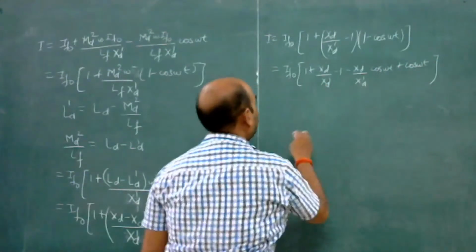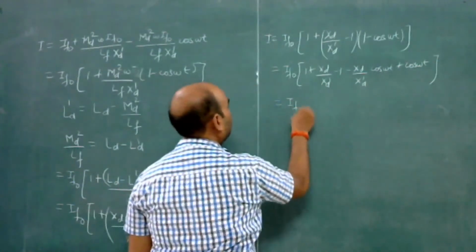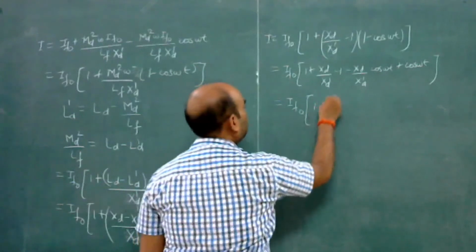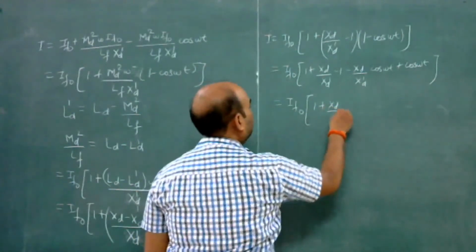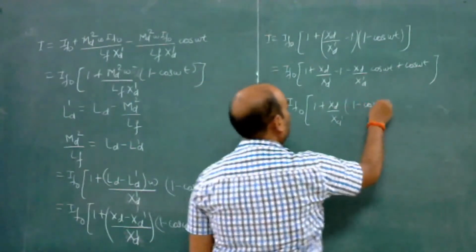Then the terms cancel out, so this will be If naught [Xd by Xd dash minus (Xd by Xd dash minus 1) cos omega t].